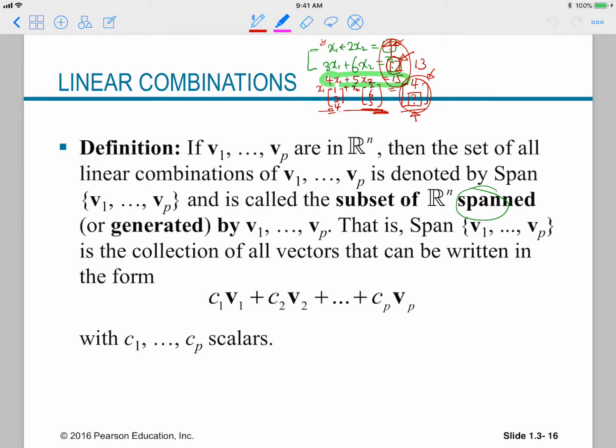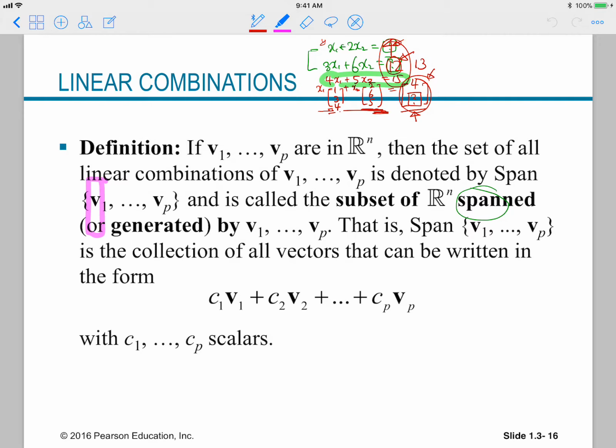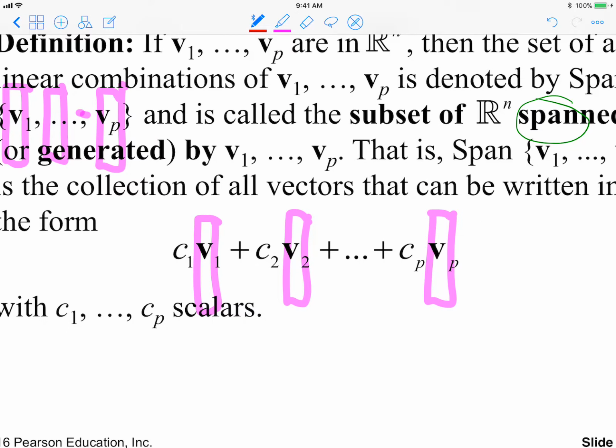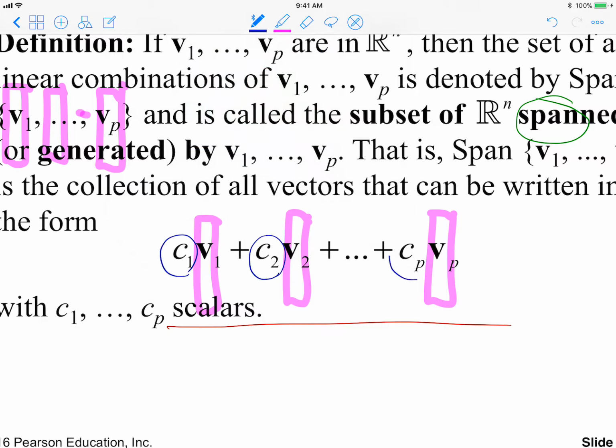Span is defined as follows: we are given a set of column vectors, and then we consider all the possible linear combinations of these ingredient vectors. So we are given these input vectors, or ingredient vectors, and then we form the linear combination by freely changing these values.